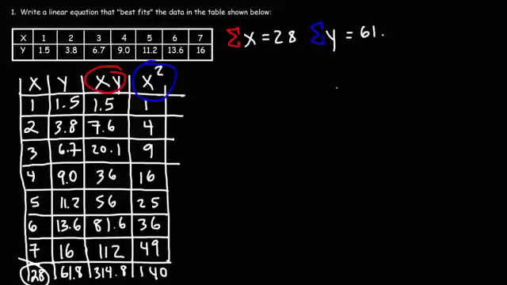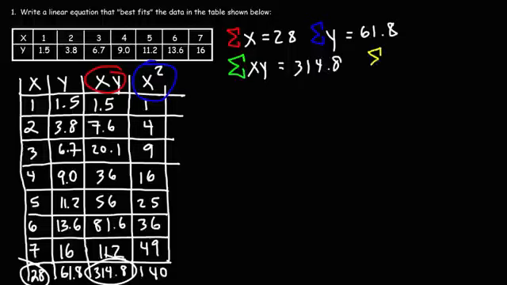These values are important because they're going to help us to calculate the slope and the y-intercept of the linear equation. Next, we have the sum of the xy values, and that's 314.8. And finally, we have the sum of the x squared values, which is 140.